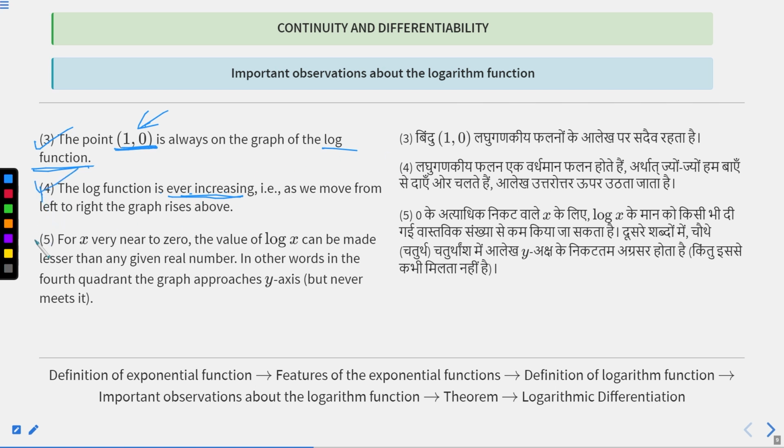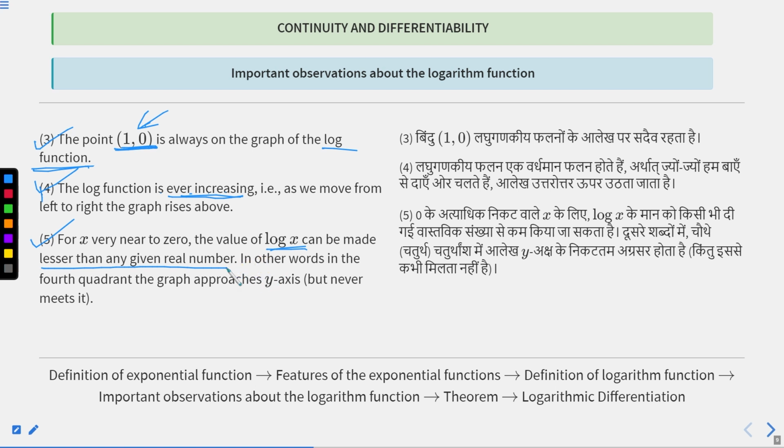Now the fifth point: if x is near 0, the value of log x can be made lesser than any real number.